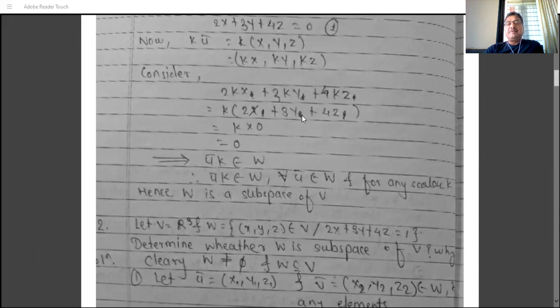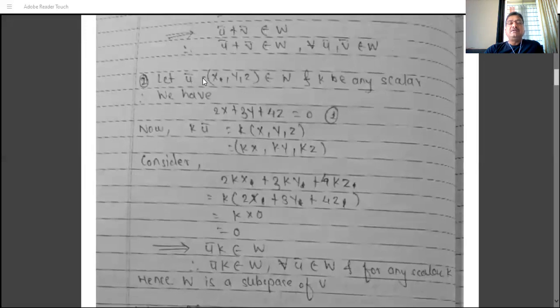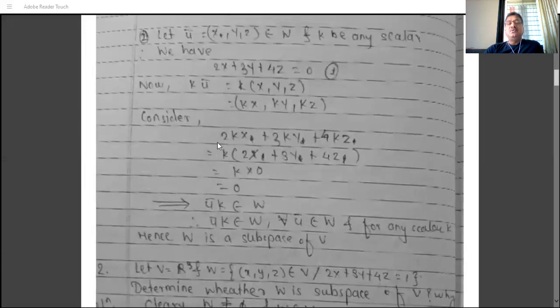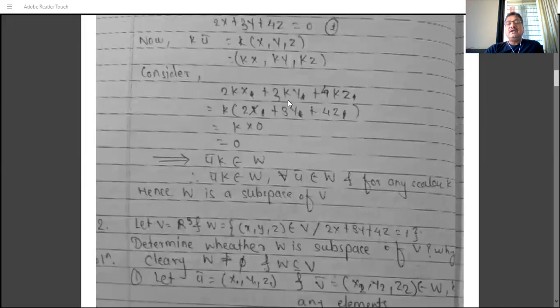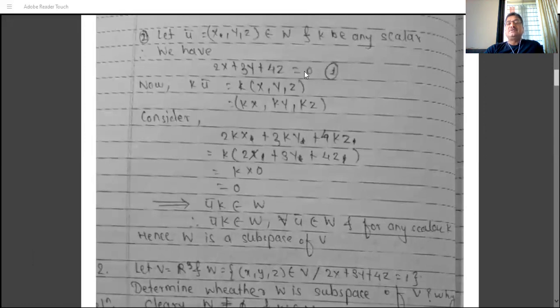Don't write suffix 1 here, because the element U bar is not x1, y1, z1, it is xyz. Taking K as common, we have 2x plus 3y plus 4z, and the value of 2x plus 3y plus 4z is equal to 0.